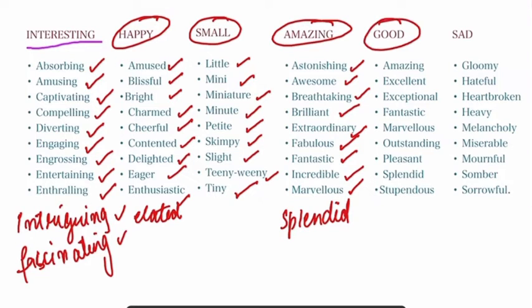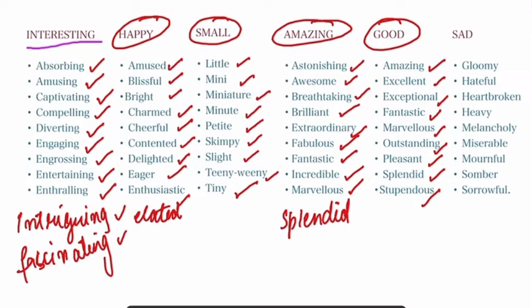The next set of words which we are going to use can be used to paraphrase the word good. So good is another word which is really into our vocabulary. We say it was a good movie, it was a good party, it was a good show. But the other words are amazing, excellent, exceptional, fantastic, marvelous, outstanding, pleasant, splendid, stupendous.